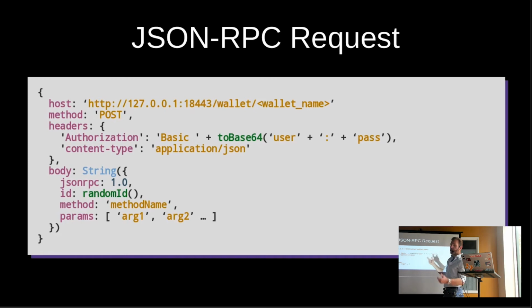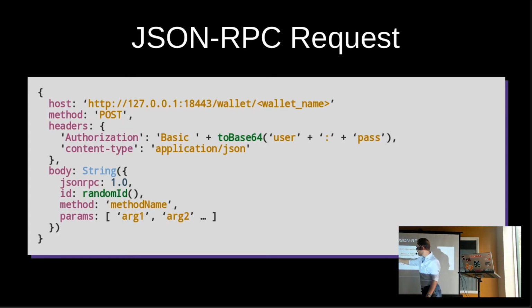When you generate that RPC auth string, that string goes into your config file. The username and password, however, is what you specify. So you take the username, you take the password, you concatenate them with a colon, you base64 encode that whole thing, and that becomes your API key, essentially. It's your API key for doing the call.